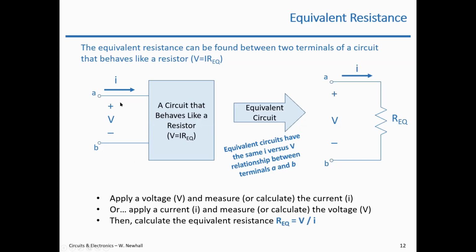So if I apply a current of 3 amps and I get a voltage of 30 volts, then I have a 10 ohm equivalent resistance. You just calculate the equivalent resistance based on Ohm's law. That has to be a circuit that behaves like a resistor, right? So it can't be some other circuit that is nonlinear. It has to behave like a resistor.